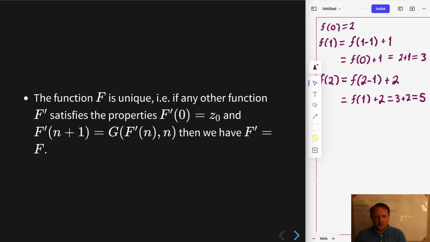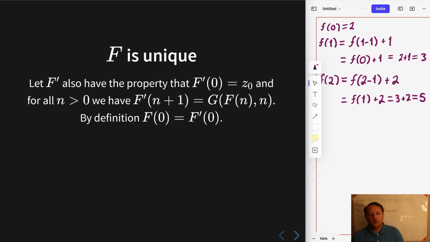And this one I'll talk about the proof a little bit. So we're going to prove that f is unique by imagining some other function f prime, which also has these properties. Sorry, I am seeing that there is a typo and that this should be f prime. But just imagine there's an f prime there instead. So the things that we're going to assume about f prime is that at 0 it's equal to z naught, and at n plus 1 it's equal to g of f prime of n comma n.